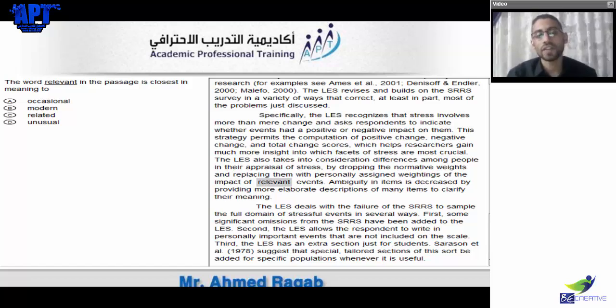The word "relevant". So let's read the sentence. By dropping the normative weights and replacing them with personality-assigned weighting of impact of relevant events. Options: occasional events, modern events. He was not saying this.